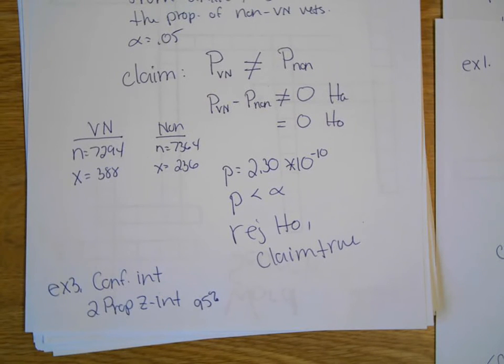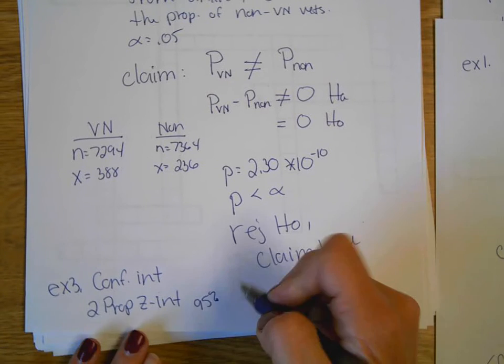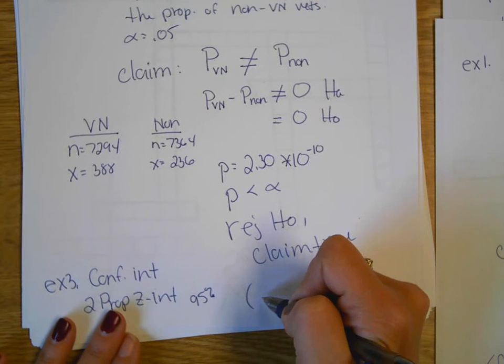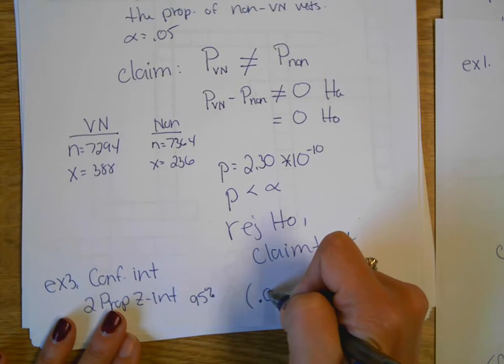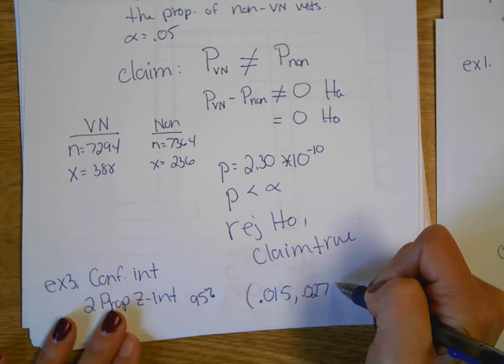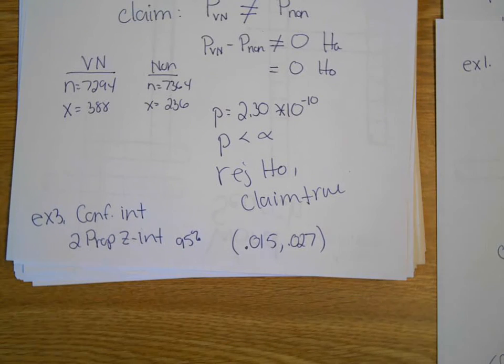Everything's still there. Nice. So we'd expect the difference in the proportions to be between, very close, 0.015 and 0.07. So between 1.5 and less than 3%.